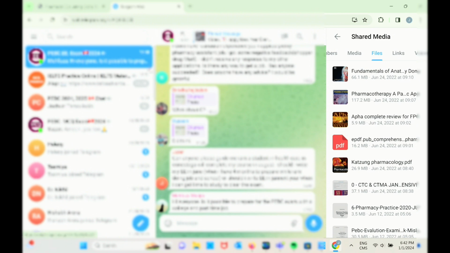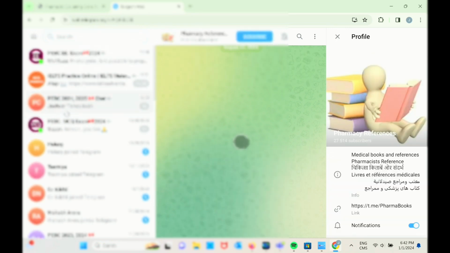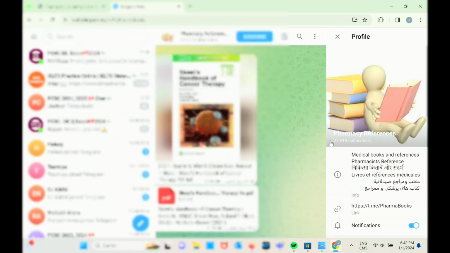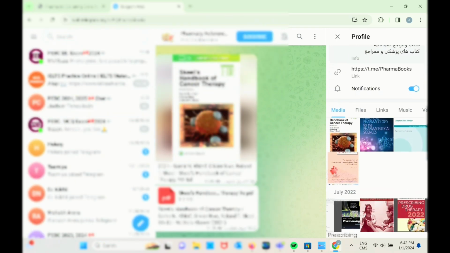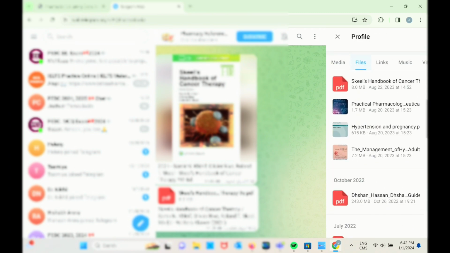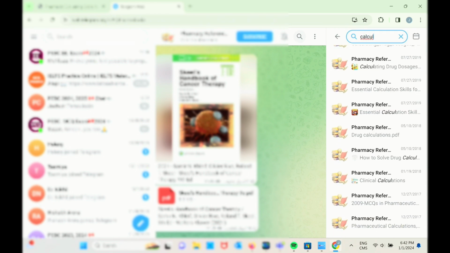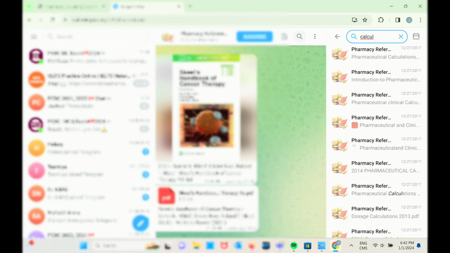And the other Telegram group that I used was the pharmacy references, where you can get all those pharmacy related books. For example, if you search for calculations, you will receive quite a few calculation books in the group.